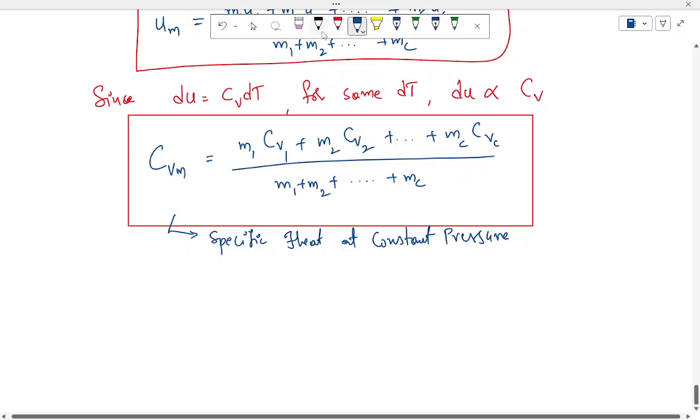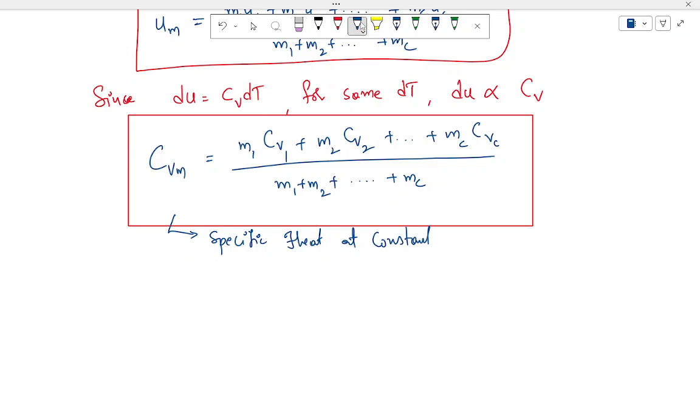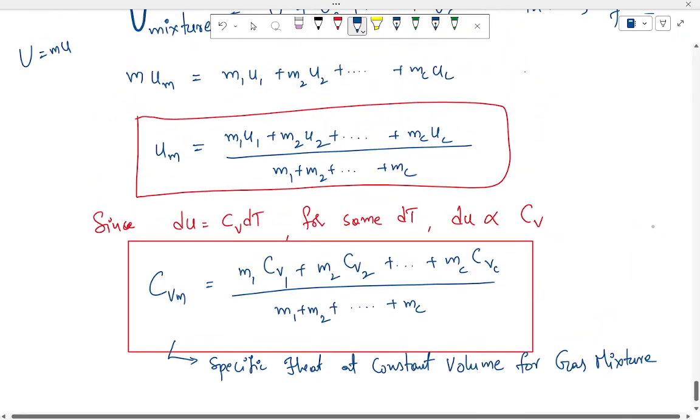Sorry, it's not constant pressure, it's constant volume. Cv is the specific heat at constant volume for a gas mixture. So we got two formulas so far. We got the formula for U and we got the formula for Cv.